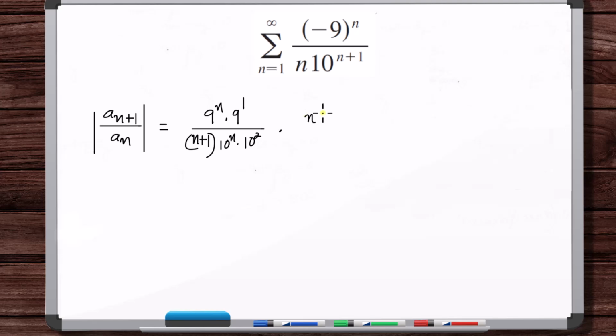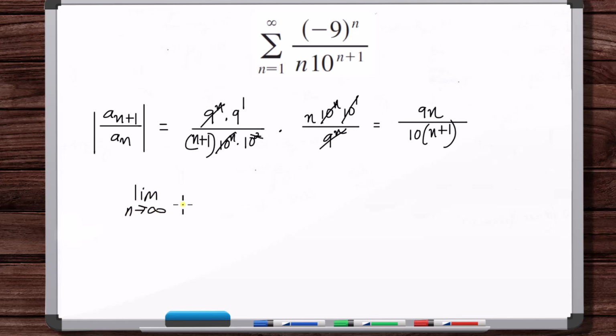Okay, then we've got n, 10 to the n, 10 to the first, and then 9 to the n. All right, we're left with 10. Okay, so the limit as n approaches infinity, we could take out that 9/10 of the absolute value of n plus 1, of a sub n plus 1 over a sub n is equal to 9/10.